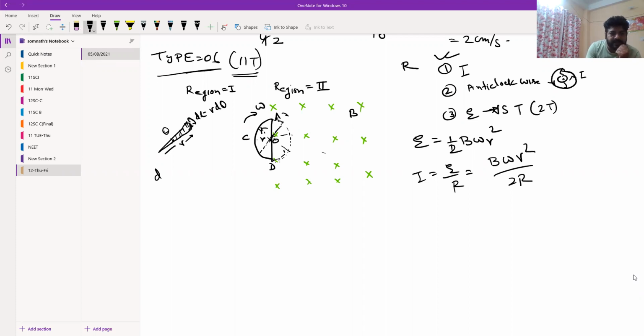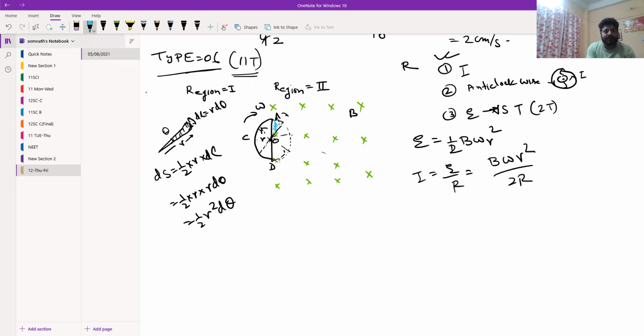So dS is half r into dl, if you remember, half r into r d theta. So what you have, half r square d theta. Remember this elementary part for a small arc length? Yes or no? Yes, sir. So I'm talking about that part.